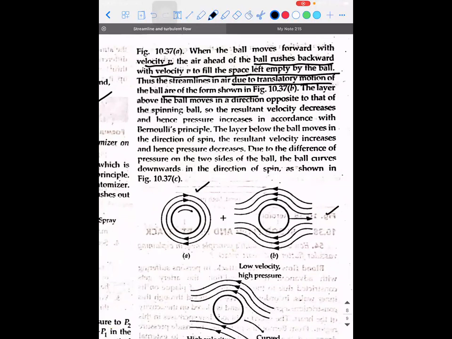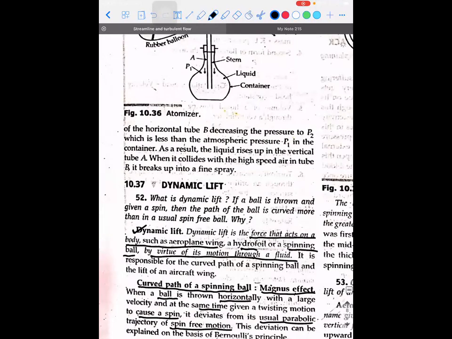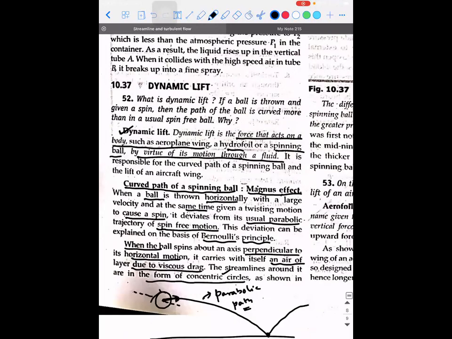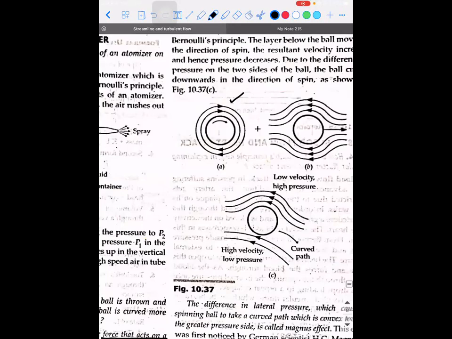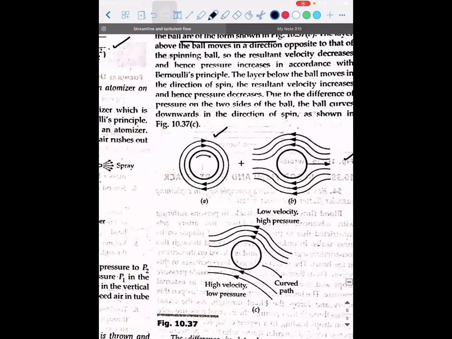So initially, when the ball spins about an axis perpendicular to its horizontal motion, it carries with itself a layer of air due to the viscous drag. So along with the ball, there is a layer of air due to the viscous drag.